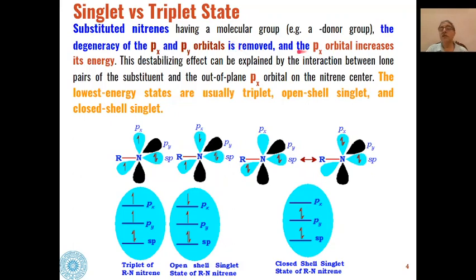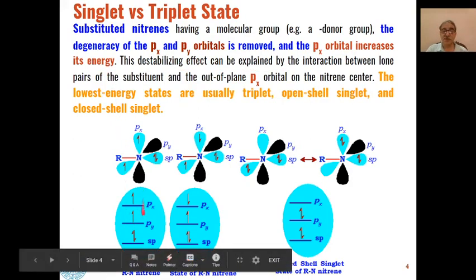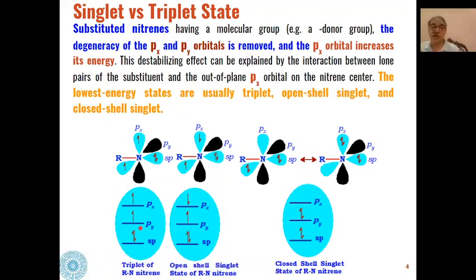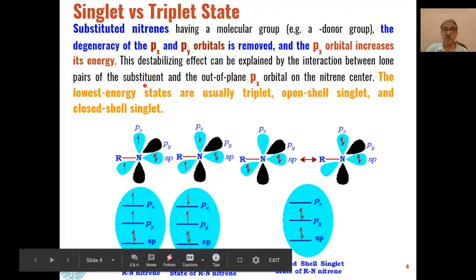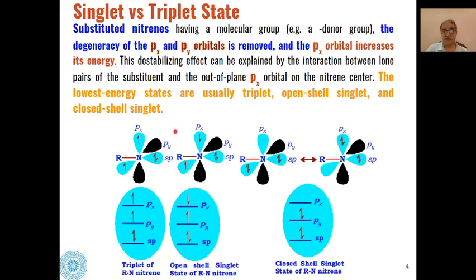So the energy of the px orbital increases in comparison to py. So the degeneracy which was present in unsubstituted nitrene has now been removed. Therefore the substituted nitrenes have different energy as compared to unsubstituted nitrene.